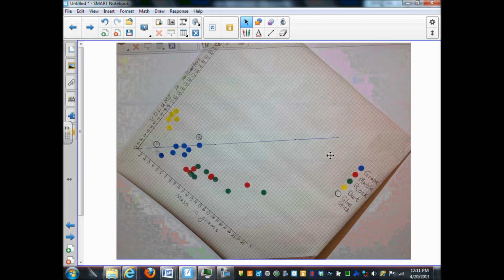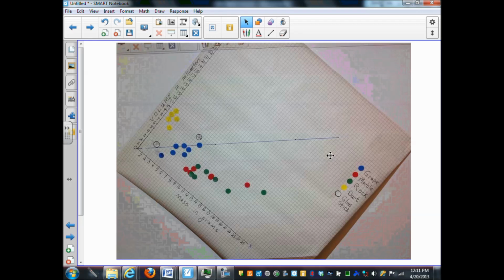What we found was that the objects that had more mass, in other words, their mass in grams was greater, if they had more mass but less volume, they tended to sink. But if they had less mass but more volume, they tended to float.